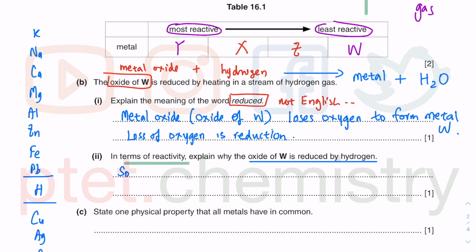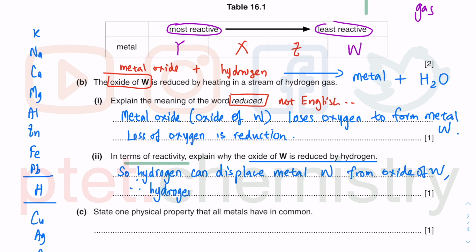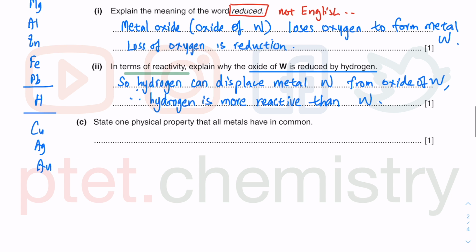So hydrogen can displace metal W from the oxide of W. Therefore, hydrogen is more reactive than W, and that is the reason why you can displace metal W from the oxide, because hydrogen is more reactive than W itself.